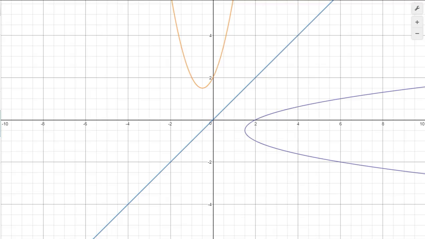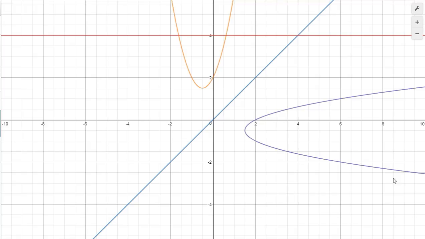Now, we would have been able to tell that earlier without even drawing this out, because we can use a horizontal line test on our original function to see if it's going to have an inverse function. So if we draw a horizontal line through a graph, and it intersects at more than one place, then it stands to reason if you reflect it around this line, that vertical line is going to intercept at 2 places.